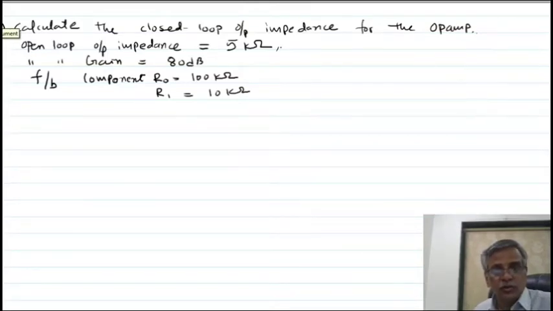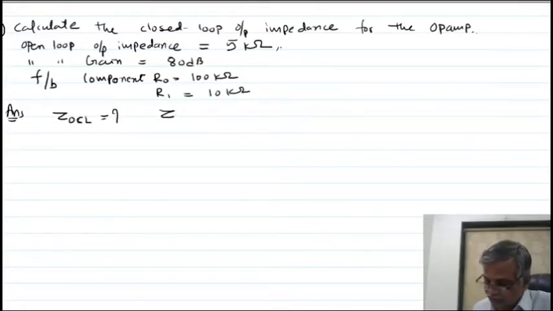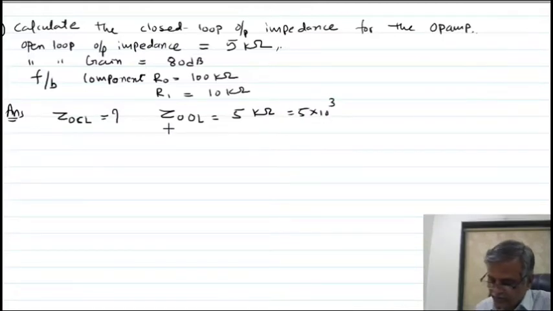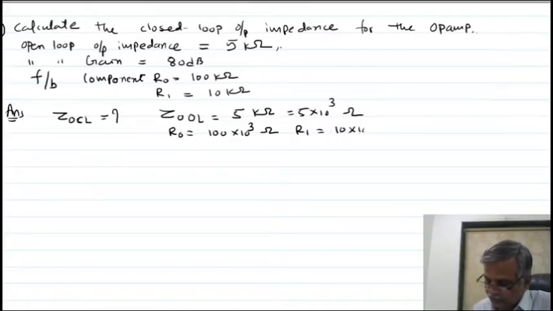Calculate closed loop output impedance, ZOCL, for the op-amp, and they have given ZOOL, they have given 5 kilo ohm, 5 into 10 raised to 3 ohm. Feedback component they have given 100 kilo ohm and R1 they have given 10 kilo ohm.